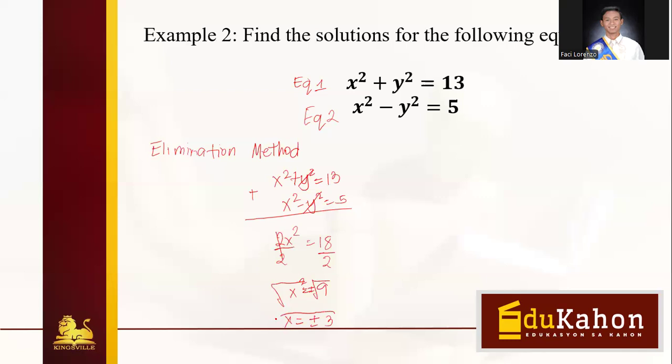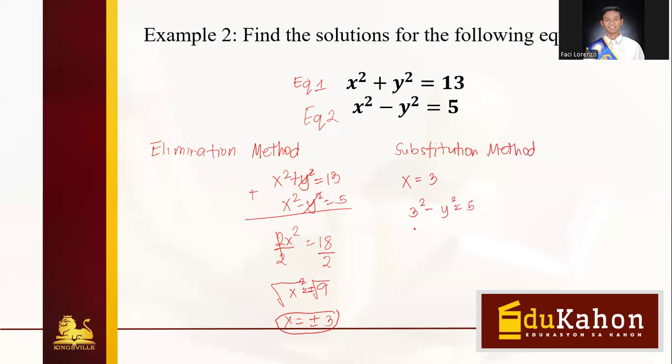Okay? To look for the value of y, you can use the substitution method for positive 3 and negative 3 on equation 1 or equation 2. Let's use equation 2 as the equation where we substitute the values of x. So for the substitution method, if x is equal to positive 3, then we'll use equation 2. So 3 squared minus y squared is equal to 5.